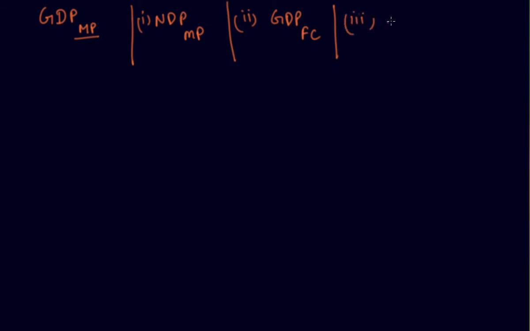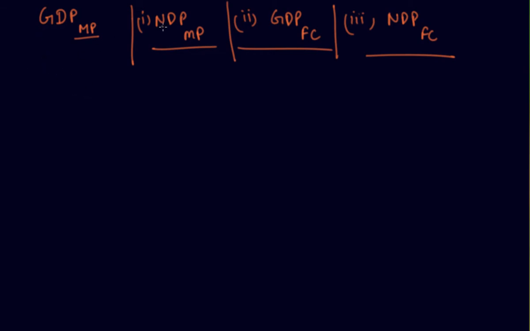Now let's suppose you are given with GDP at MP, right? You have to calculate NDP at MP, number one. Second, you have to calculate GDP at FC. Third, you have to calculate NDP at FC. Right? All these three things you have to calculate, and you are given with this.